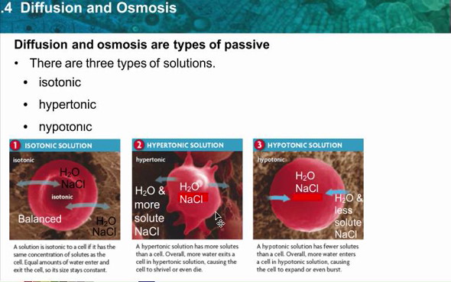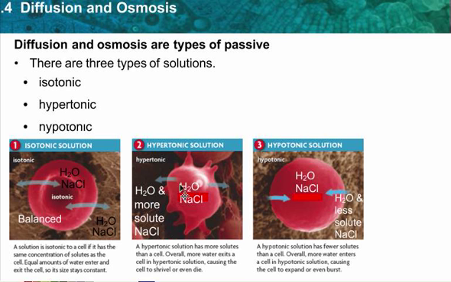Now, in a situation where you have more solute in the exterior environment of the cell, for instance, this scenario, it's a high concentration of sodium in the bloodstream. Maybe you ate something that was really salty, and it put a high concentration of sodium into your bloodstream.